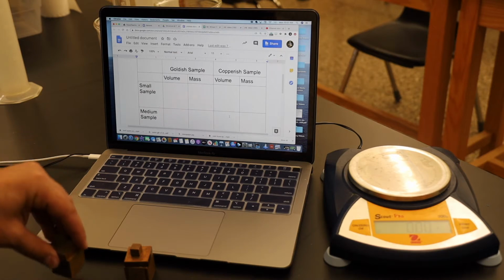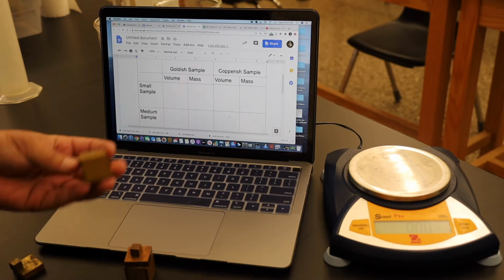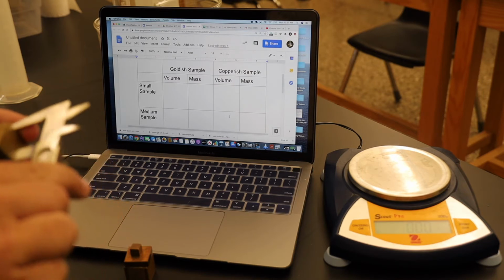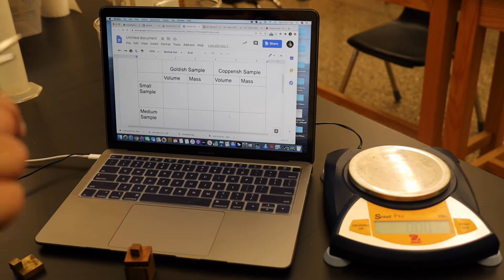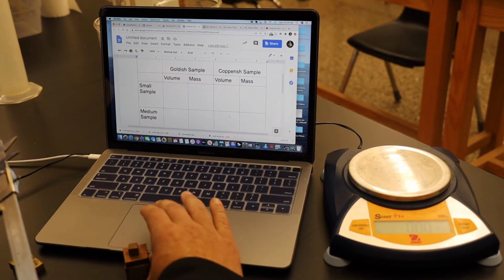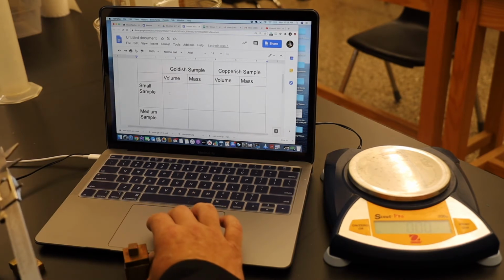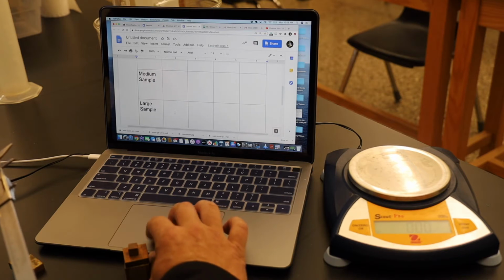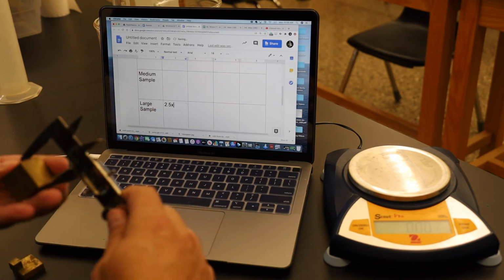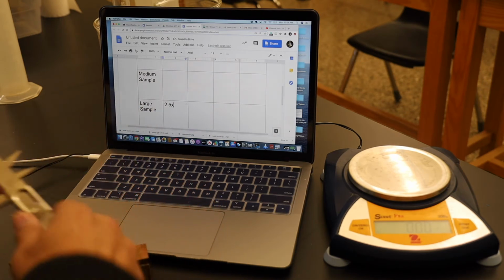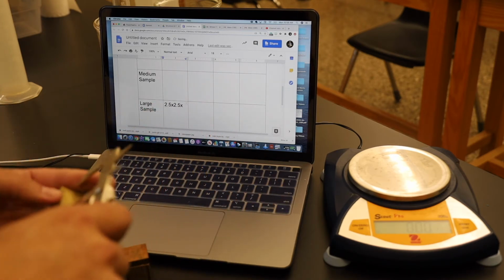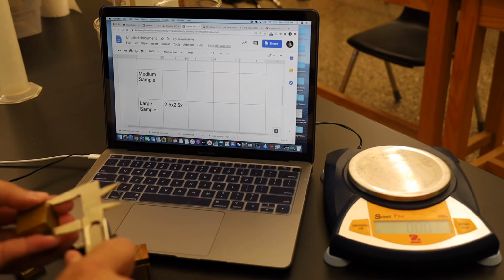So we're going to start with the gold samples. The first sample is 2.5 centimeters by 2.5 centimeters by 2.5 centimeters.